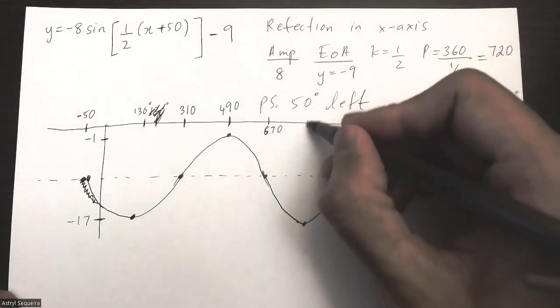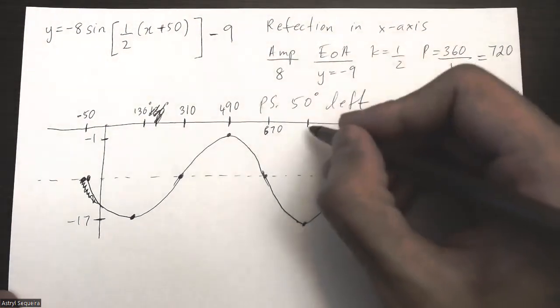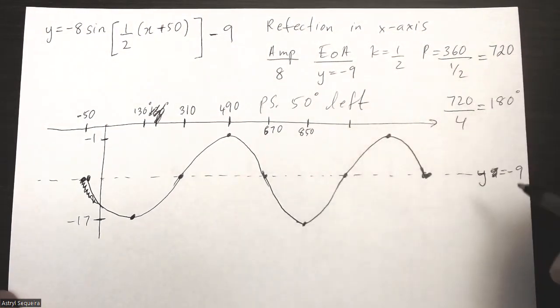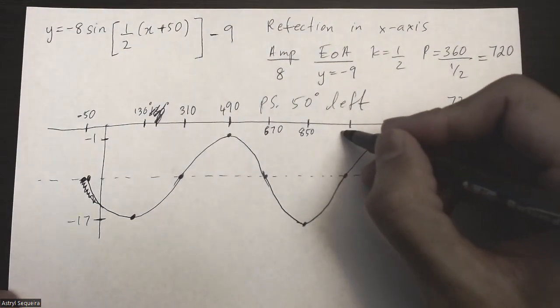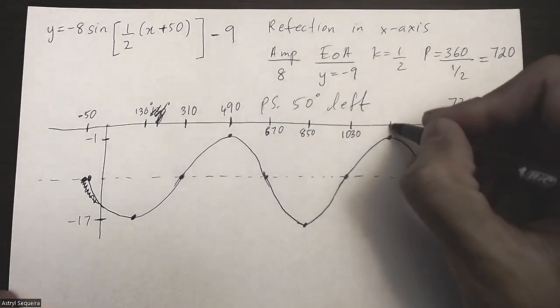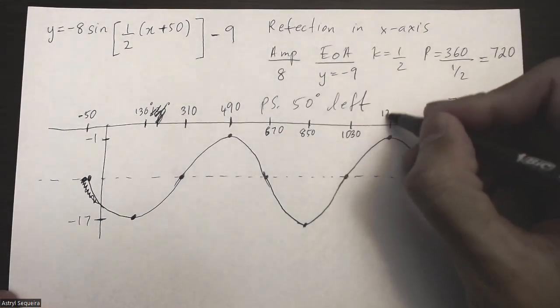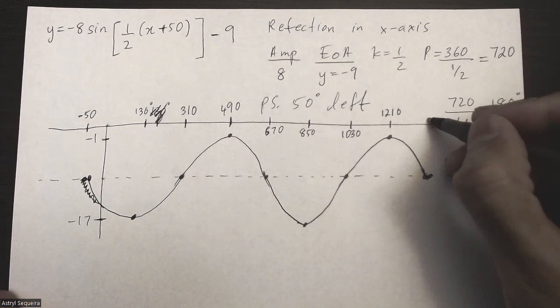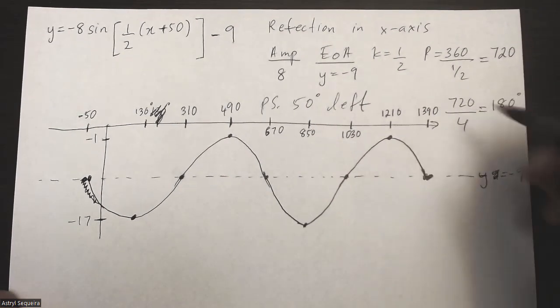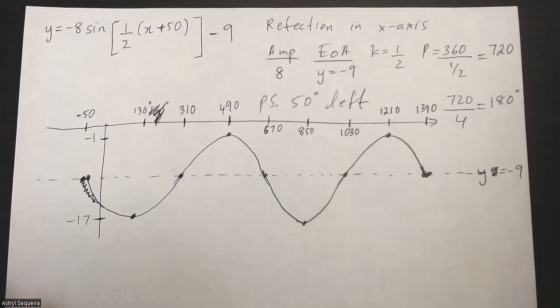Plus another 180 is 850. Plus another 180 is 1030. And then plus another 180 is 1210. And last point here is 1390. And that's how you sketch 2 cycles out for any sine function with transformations.